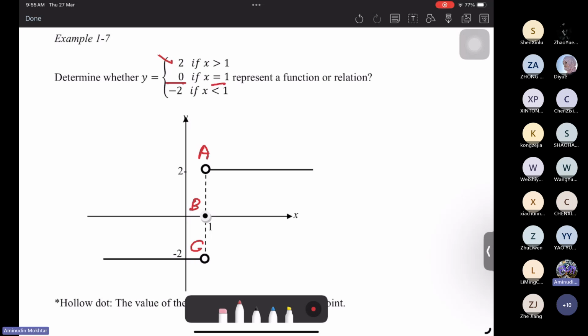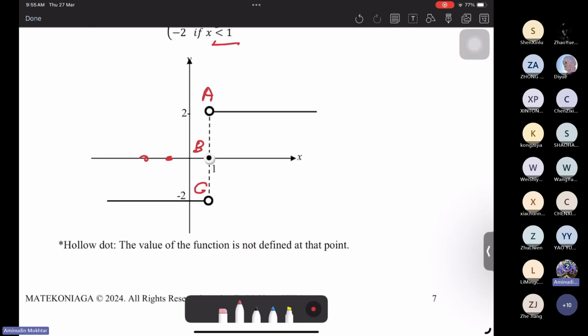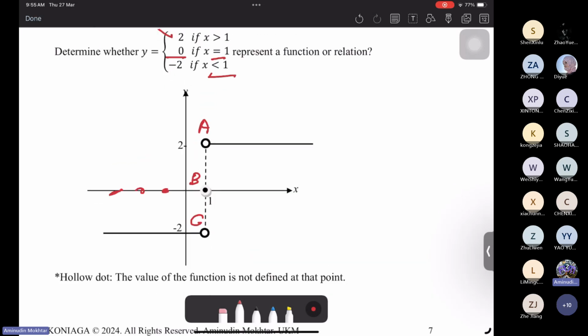If x is less than 1, x equal to 0, x equal to -1, and so on, the value of y is equal to negative 2. So we can draw this kind of line. Please let me know if you have any question here.